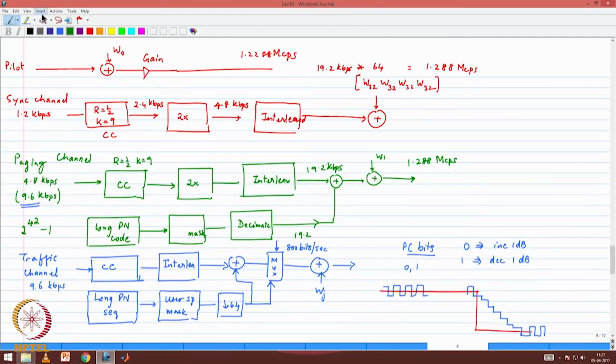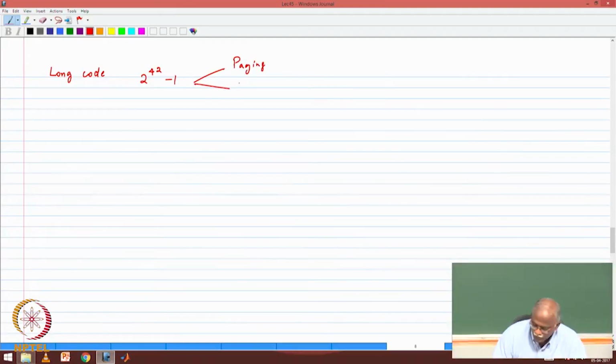I said there are two codes. One is the short code, the other one is the long code. The long code consists of 42 shift registers, 2 to the power of 42 minus 1. This is used in the paging channel to scramble. It is also used in the traffic channel with a user specific mask. So it is not just the M sequence, there is some additional modification.